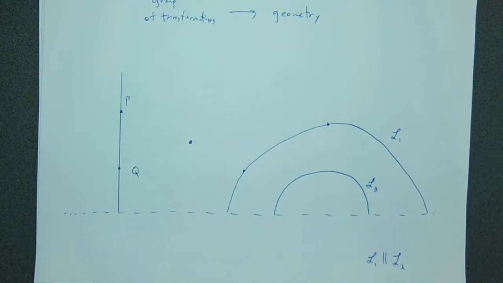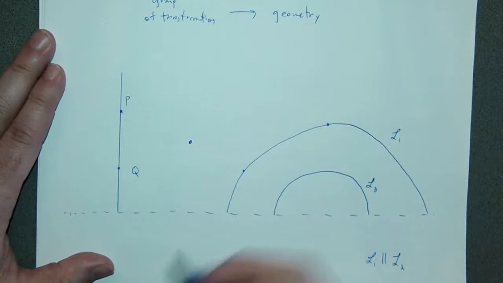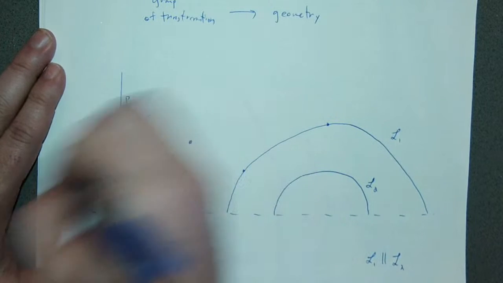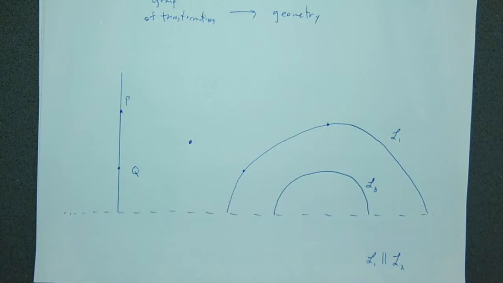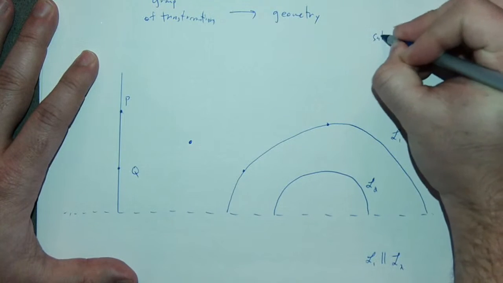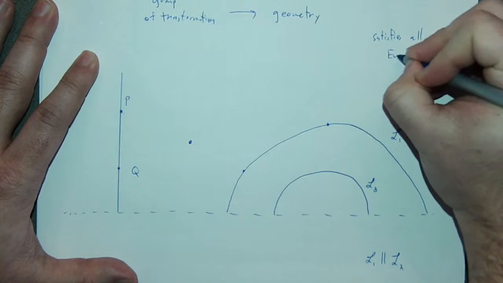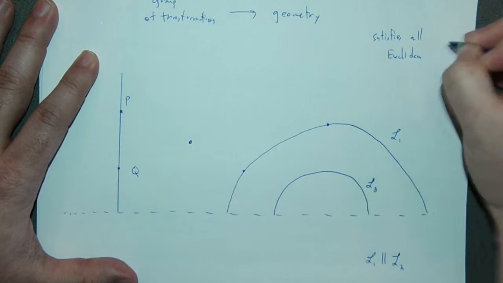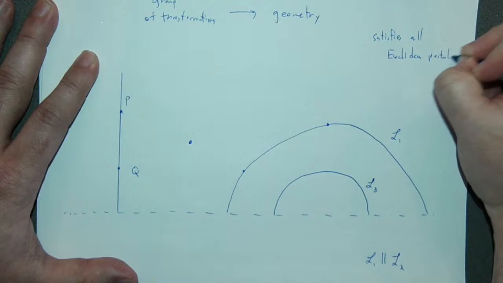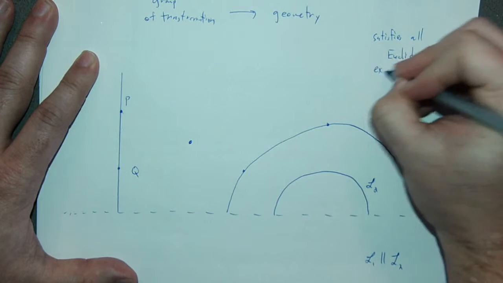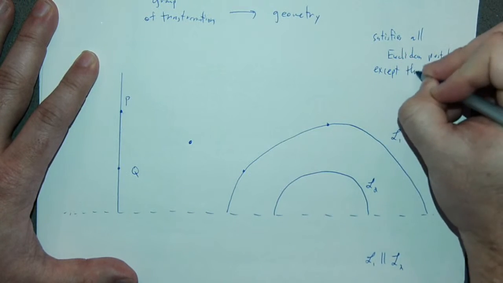Infinitely many, right? I could draw a vertical line through that point. I could draw any one of these semicircles that passes through that point. So it fails the parallel postulate. Okay, but it satisfies all other postulates. So it satisfies all Euclidean postulates except the parallel postulate.